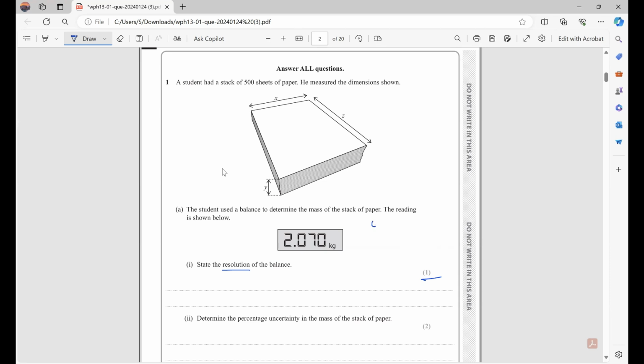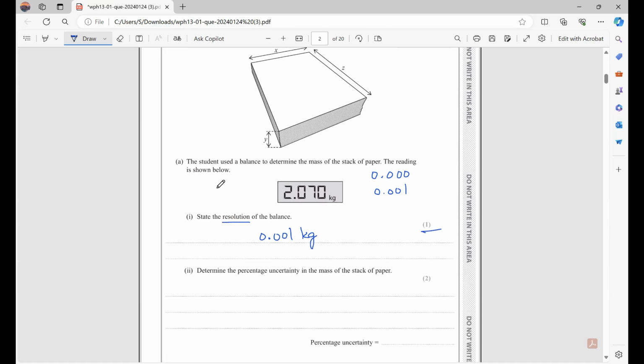If there was nothing placed in the balance, this is what it would show. And the moment you add something to it, the least value it could show you would be 0.001 kg. So the resolution of this balance would be 0.001 kg, the least value that it can measure. That is its resolution.